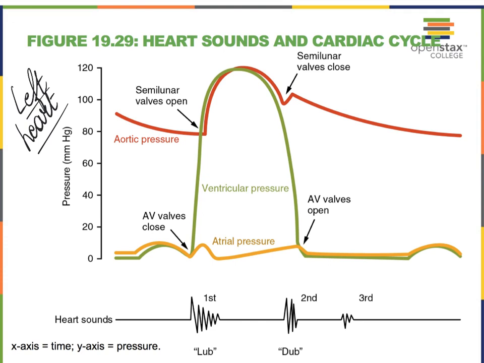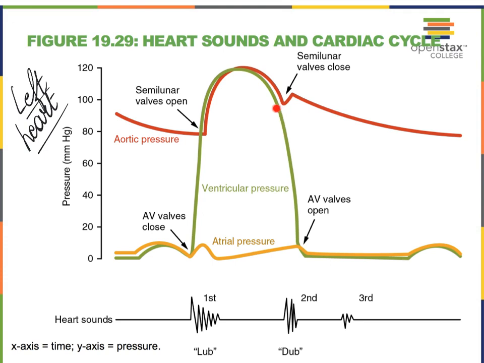And as blood enters the aorta, we're going to see a bit of a rise of pressure in that aorta. Just the mere presence of that blood gives it a rise in its own pressure. But once the blood starts to flow into the aorta, the pressure begins to drop somewhat, but especially since the pressure within the ventricles begins to drop.